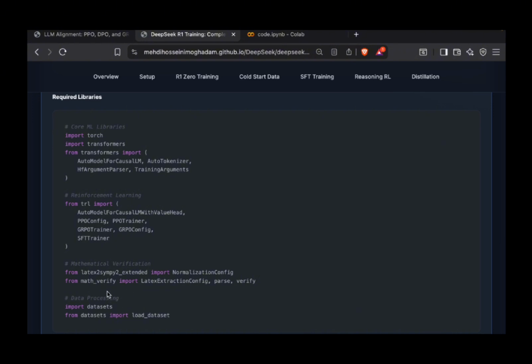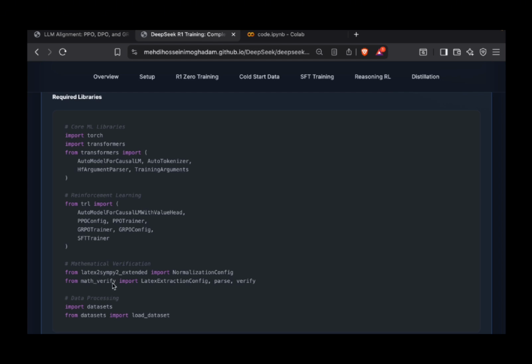And also what we're trying to do here is the reasoning over a data set of math problems. So we need to validate if the generated responses are valid, and usually LLMs try to generate them in LaTeX format.